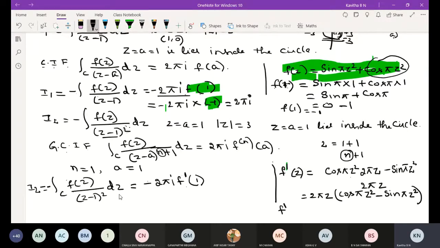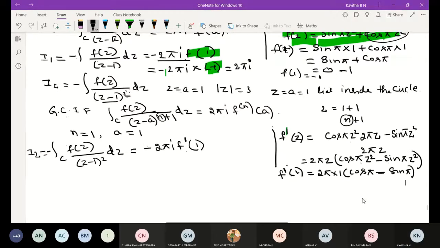Then we need to find f dash of 1. That is 2 pi into, putting 1 in place of z, cos pi minus sin pi. What is the cos pi value? Minus 1. So f dash of 1 is equal to 2 pi into minus 1.